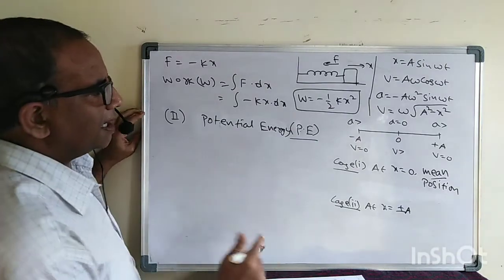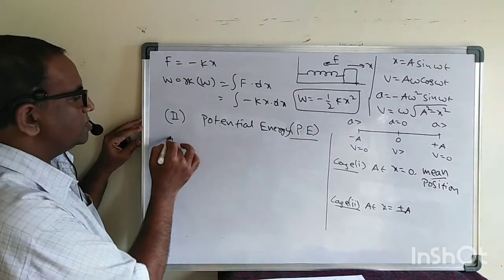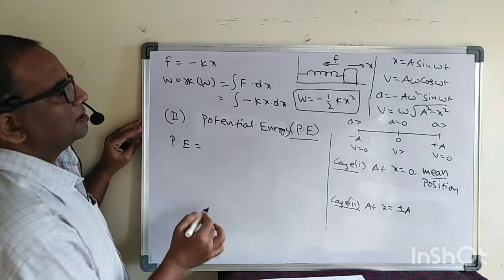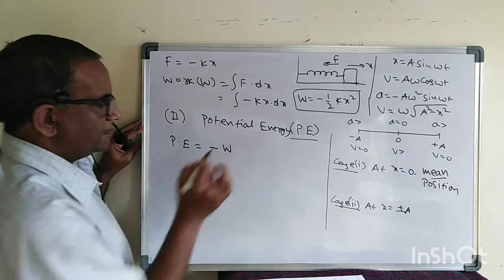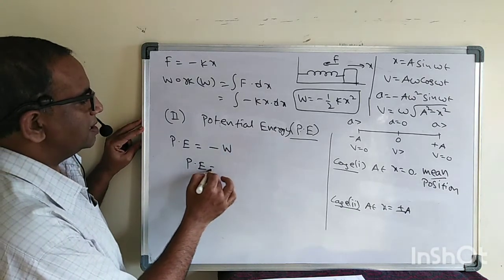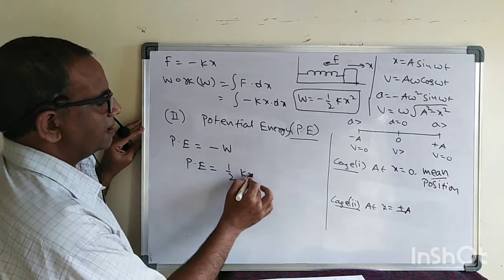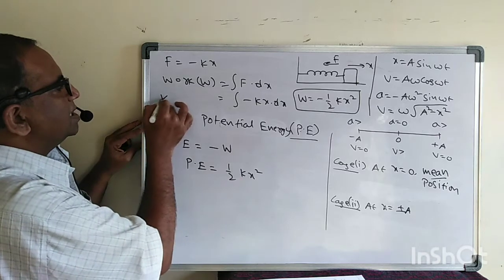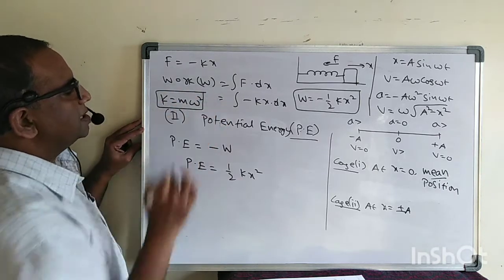Now observe here carefully. Then what is the potential energy? Potential energy is defined as the negative of work done. Therefore, negative work done means the potential energy here is minus of minus half kx square, it's nothing but half kx square. And we also know that k is equal to m omega square. We discussed this already.